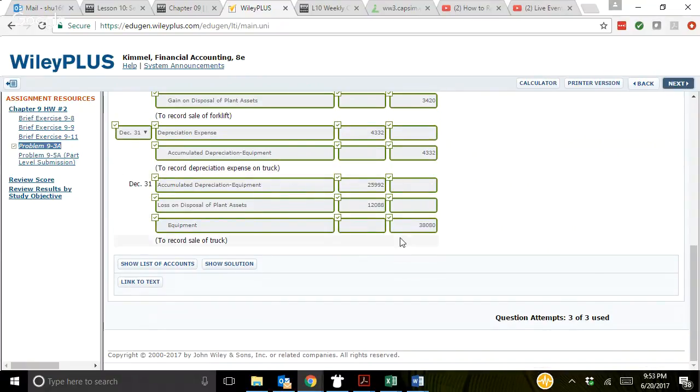And then we come to the actual sale. So this happens on December 31st. We are not necessarily selling it, we're salvaging it, we're discarding it, but it has a salvage value. But we've already calculated what's in there based on the depreciation. Our accumulated depreciation is 25,992.